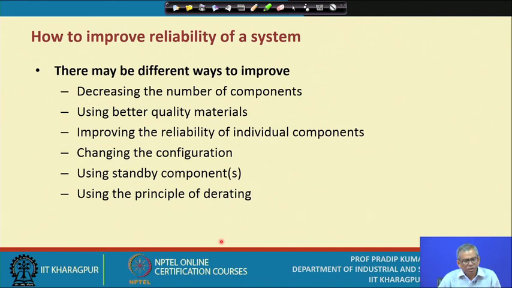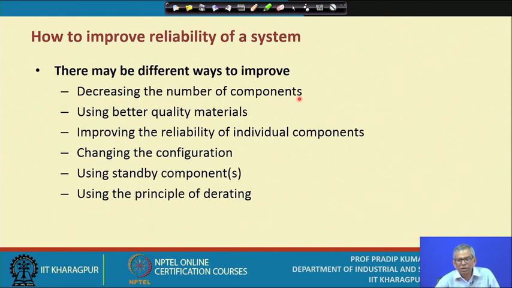So, through a redesign approach, from the reliability point of view, you need to see whether you can reduce the number of components in the redesigned system. So, the first option is to think of ways and means, approaches, with which you can decrease the number of components. Is it okay?